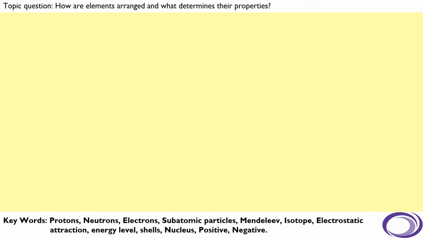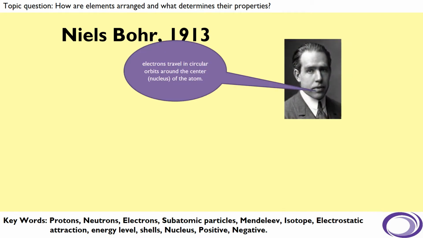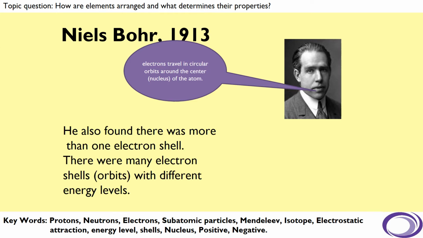Further to that experiment, Niels Bohr in 1913 performed some further experimentation, and he discovered that the electrons actually orbit the nucleus in different energy levels, and they are sometimes referred to as shells. He found that there was more than one, and that the electron shells had different energy levels.